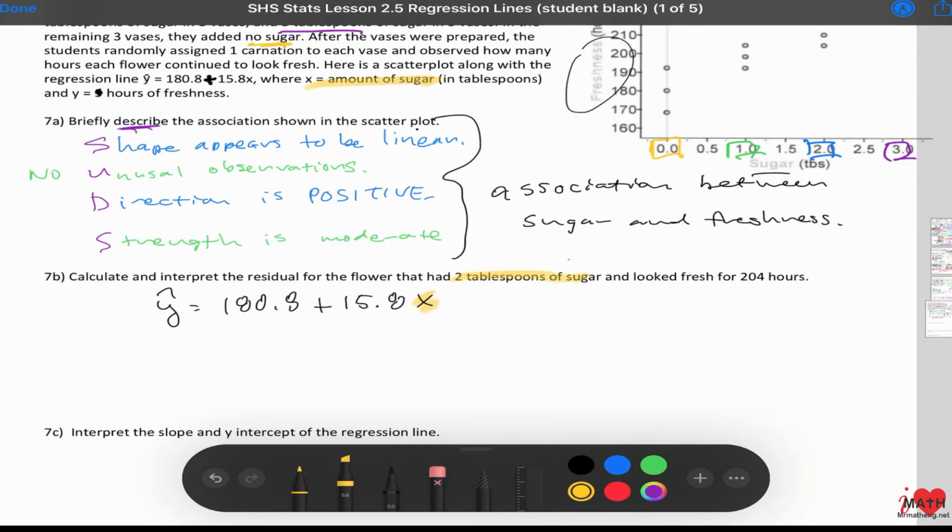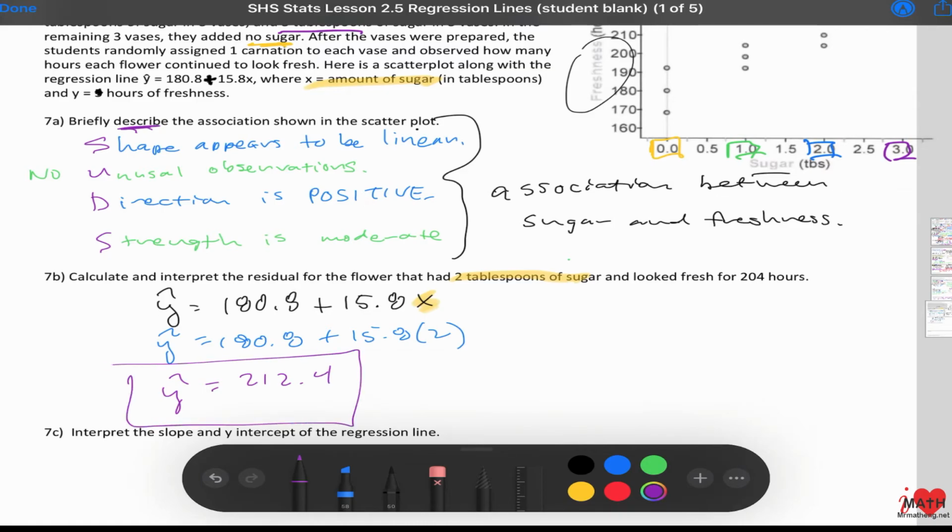They want us to put in 2 tablespoons of sugar. And then y hat, you will get 15.8 times 2, and you add that to 180.8, then you will get 212.4 hours. Okay, positive or negative? It's positive.